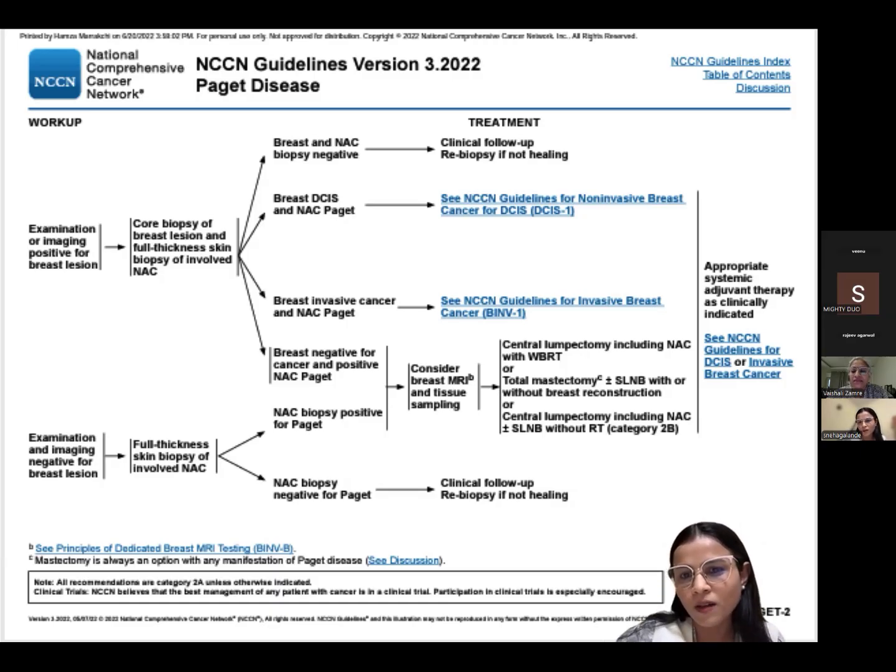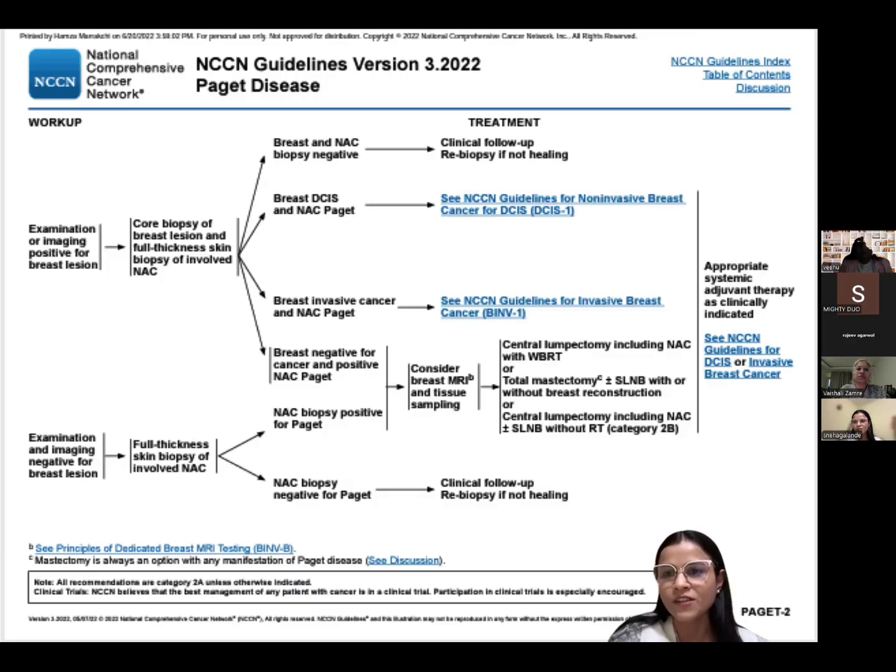In the workup, the first investigation we would want to do is a mammogram, which would give us an idea about the nipple areola complex thickening and underlying lesions, DCIS, calcification, all those findings. And after mammogram, if we don't have any definite findings, we should definitely proceed to an MRI for such patients to look for lesions that we might miss on mammogram, especially in dense breast.